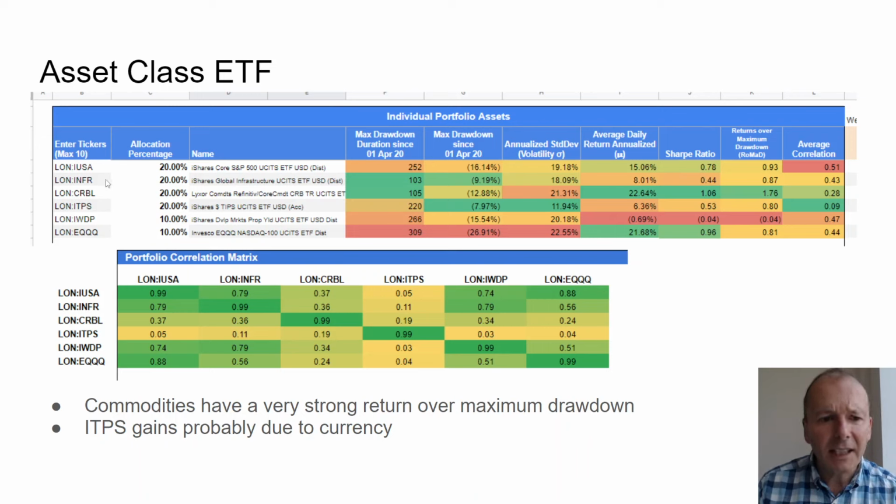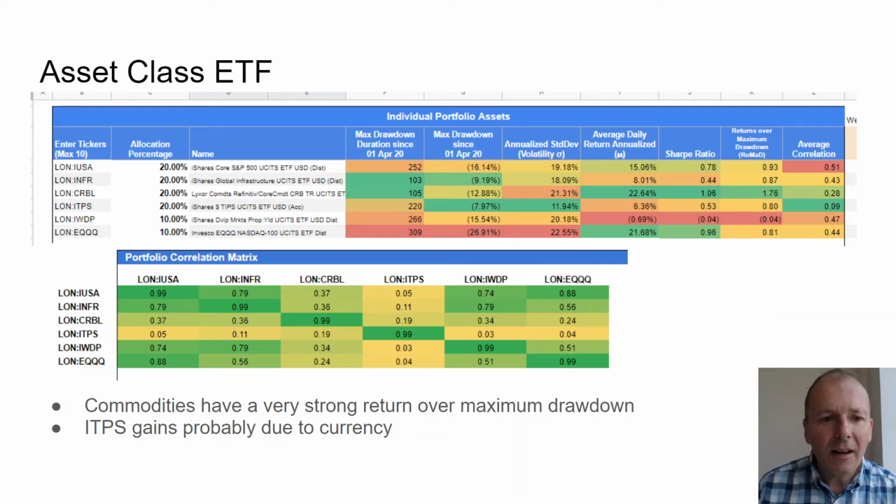So asset class ETFs. So here's our property. Pretty awful stats, so we're not going for that. NASDAQ over a longer time frame, yeah, it looks pretty good, but actually commodities, fairly low drawdown and good growth. So yeah, that's got some good stats, and it's not that highly correlated to the S&P 500.